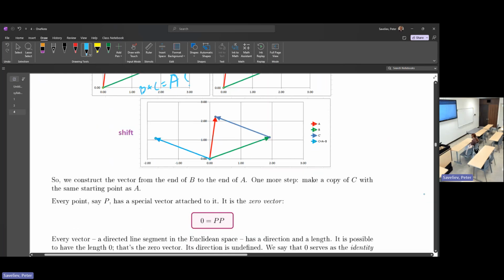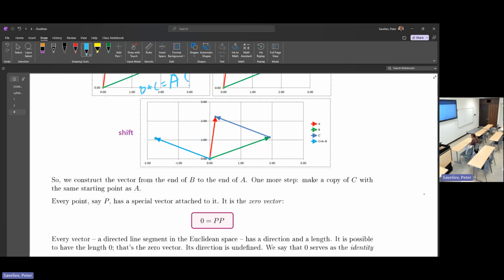Okay, so the zero vector is a vector from a point to itself. Once again there are challenges with the analogy between numbers and vectors, and that's a dangerous step because it might be confusing. I'm writing the same symbol zero but it's not a number.